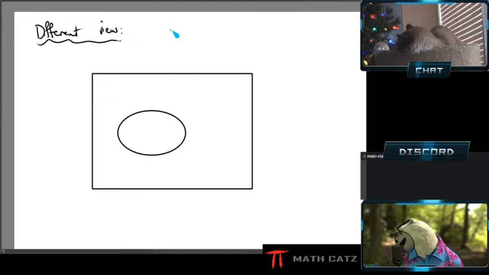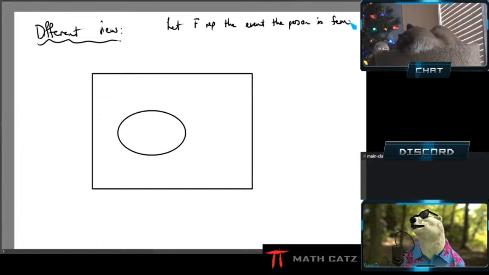I could say, let F represent the event or set, it's the same thing, right, that the person selected is female, and then this will be my F. I'll put it sort of on top of it.